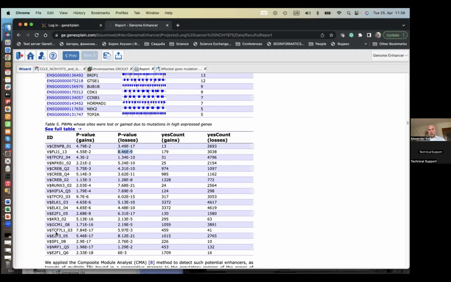So if selection is going in either direction, then it means this factor is actually active in the genome. It is in fact an indicator of the activity of those transcription factors. And as you know, activity of a transcription factor is not necessarily just expression of that protein, but also, which is very important, that this transcription factor has to be activated.